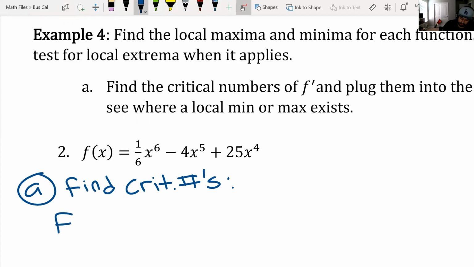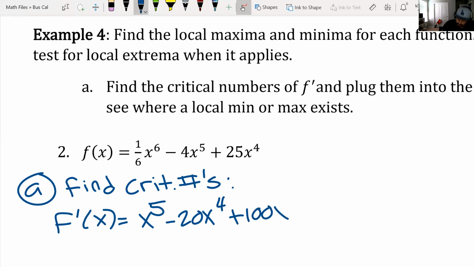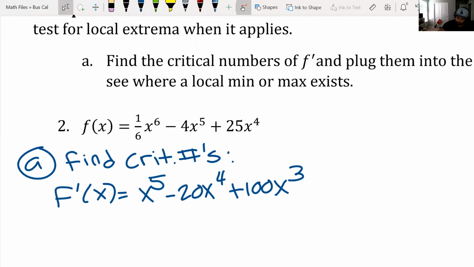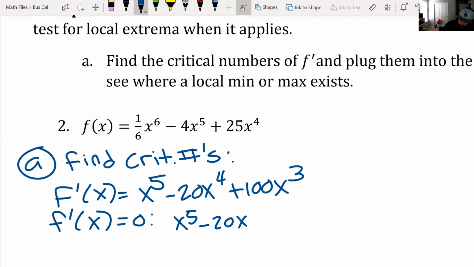So that means f prime of x is going to be x to the 5th minus 20x to the 4th plus 100x cubed. And then set it equal to 0. And factor out an x cubed.